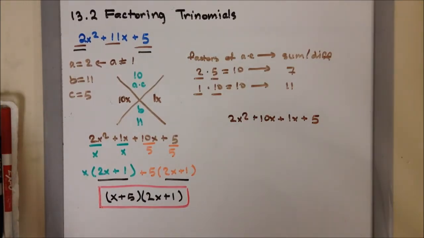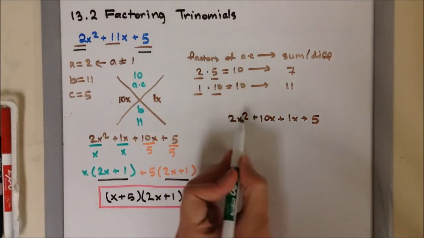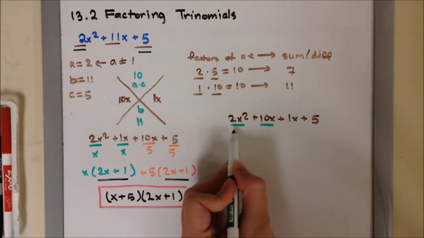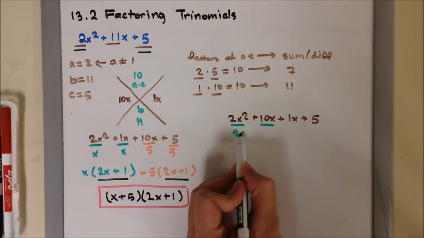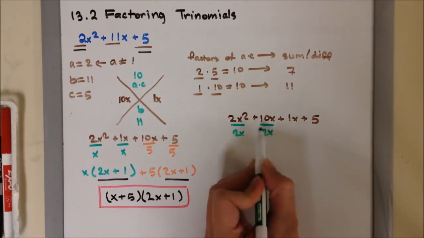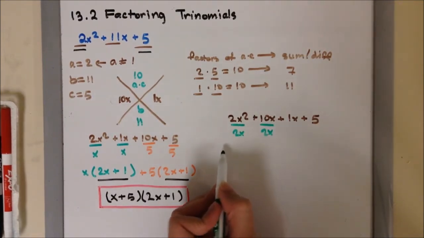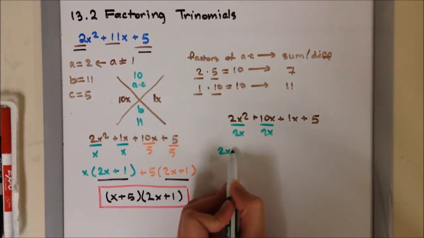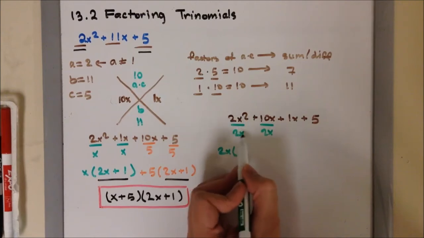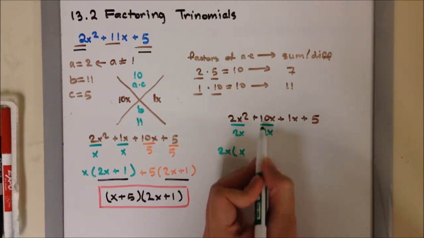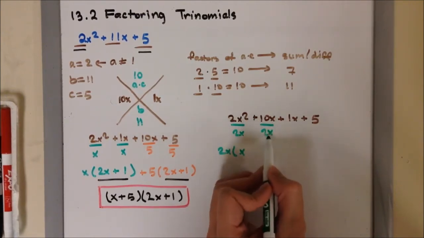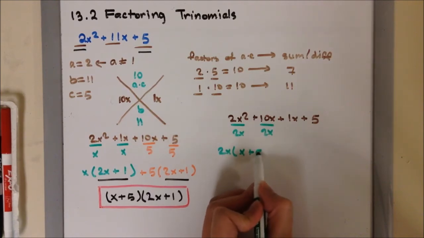Alright, so for my left side, find the GCF, which is both divisible by 2 and by x, so I'm dividing both terms by 2x. My GCF will go on the outside of the parenthesis. 2x squared divided by 2x is just x, and then positive 10x divided by 2x will be plus 5.